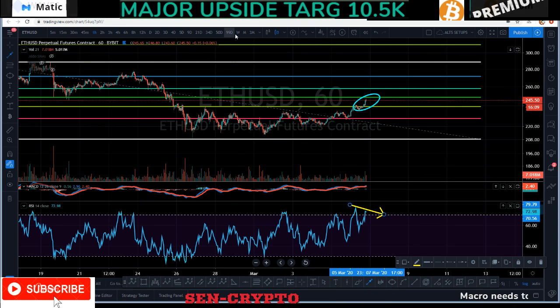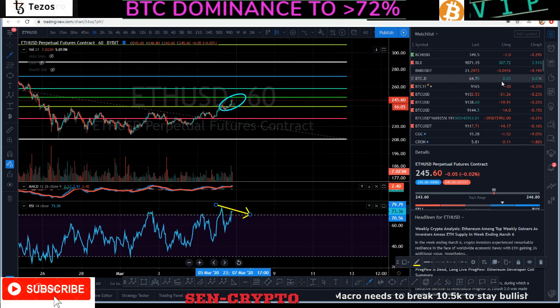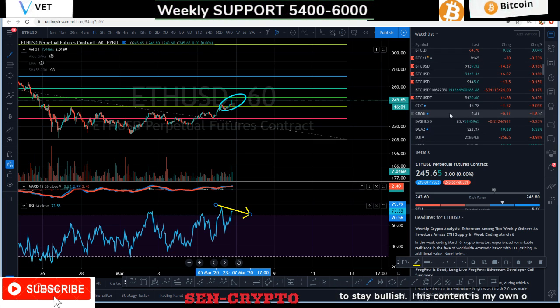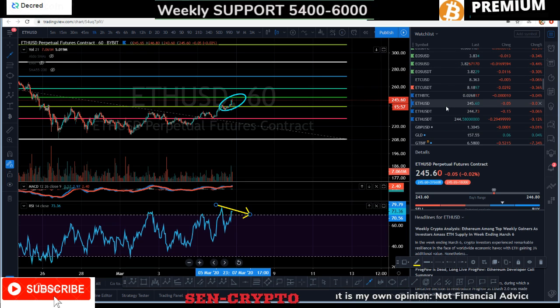So let's take a look at Ether on a monthly basis, because in order for me to be very bullish on Ether, we gotta break 289 on a monthly basis. So to be bullish on Ether, right?